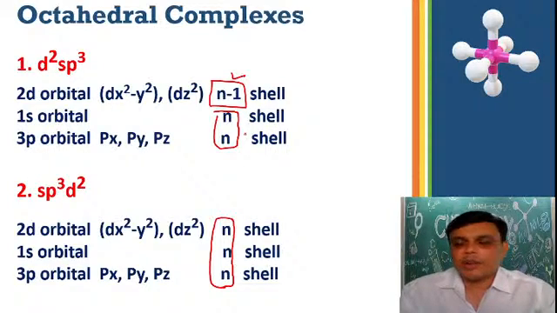And what about the others? Grisha said that dx square minus y square and dz square lie along the axis. Correct. And what about the others, dxz, dyz and dxy? They are at the last position, Suprit is saying.